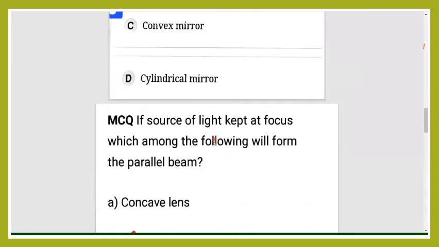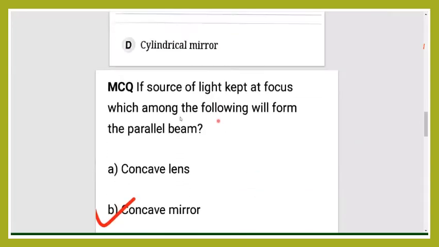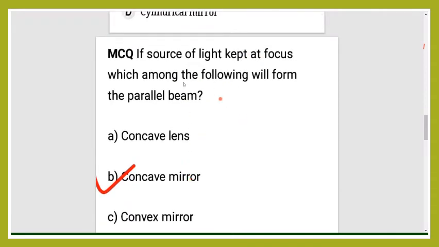Next question, if a source of light is kept at focus, which among the following will form a parallel beam? So we know that for a concave mirror only, light rays coming from focus, means passing through focus, after reflection become parallel to the principal axis. That will happen only in case of concave mirror.